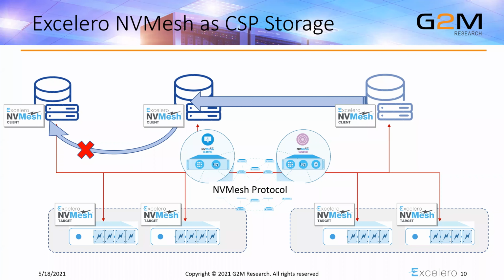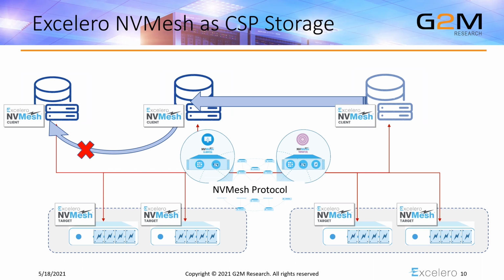So from the commercially available solutions, Excelero's NVMesh, with its client-side distributed architecture, has all of the characteristics presented on the previous slide. It has a stateless client, which can move seamlessly between VMs.